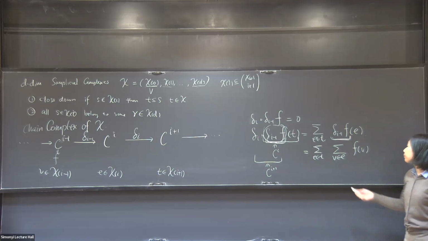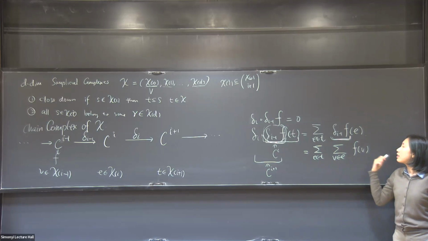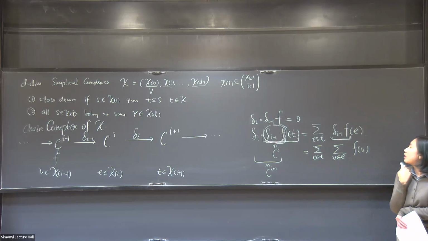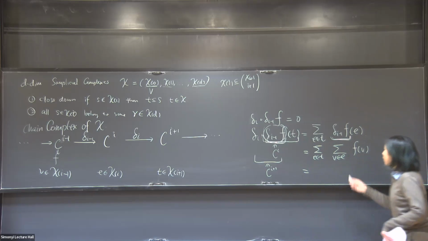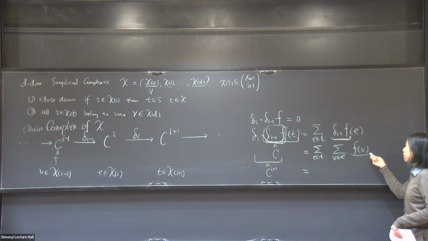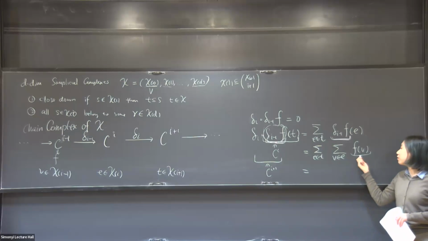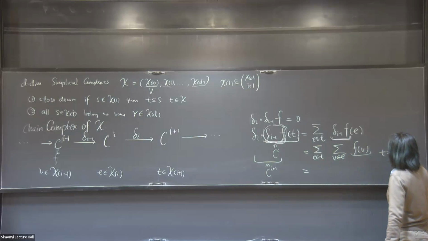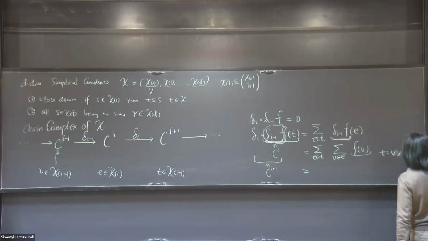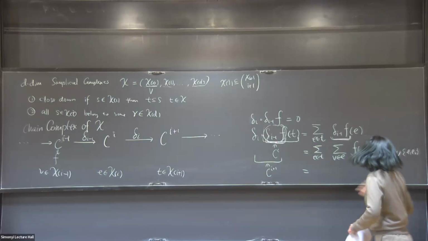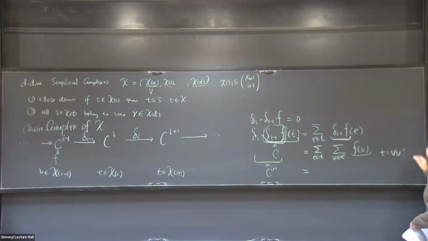Everything is unordered in what I'm considering, which is something I skipped when saying it. What it means is that every f of v will be considered actually twice, because there are two ways of getting f of v. You can get it if t is equal to v union, let's say, some elements e1 and e2. Oh, e is a bad notation. Maybe a1, a2.